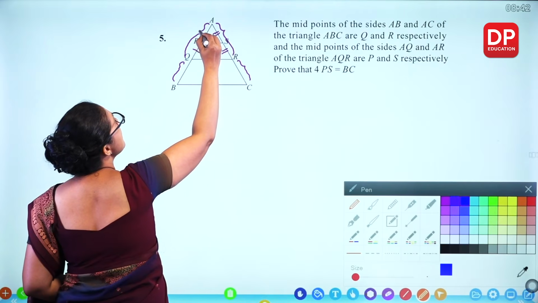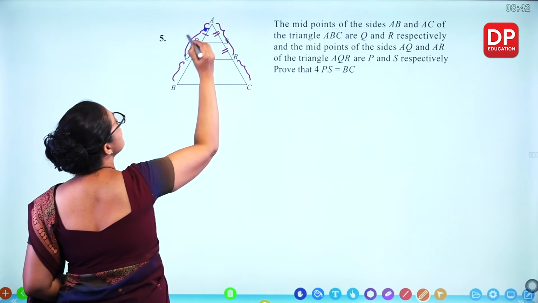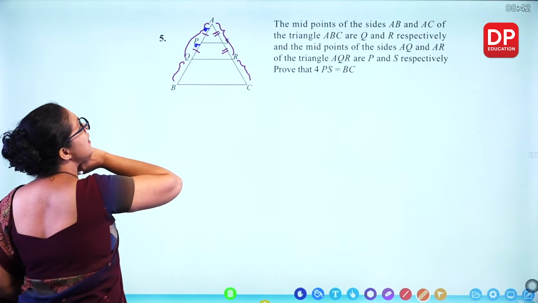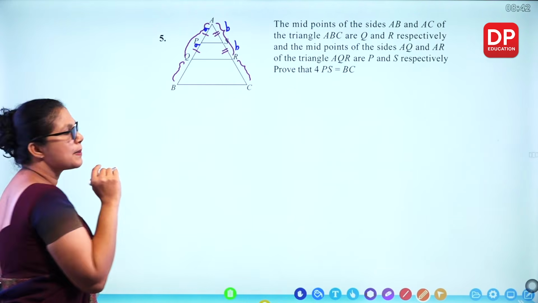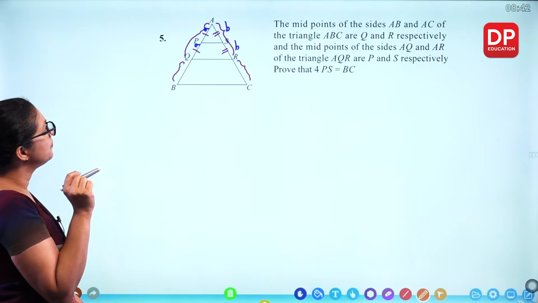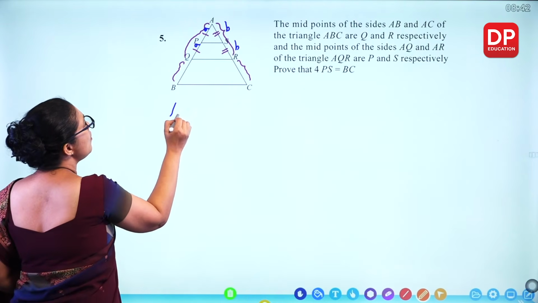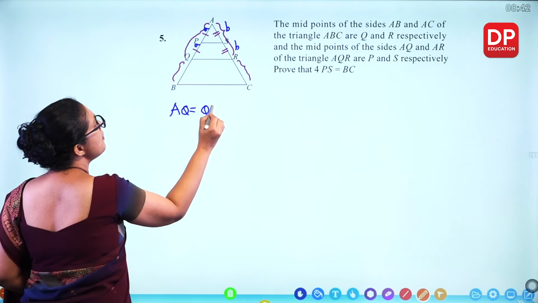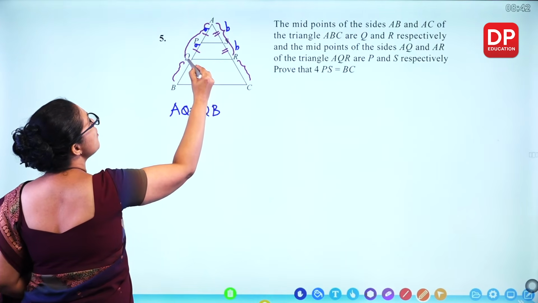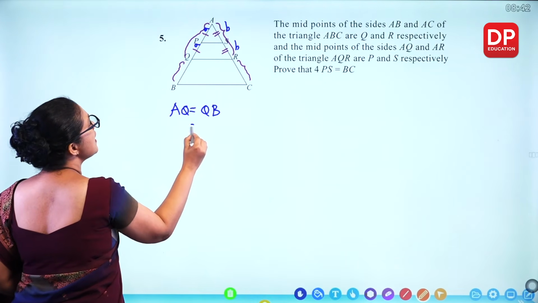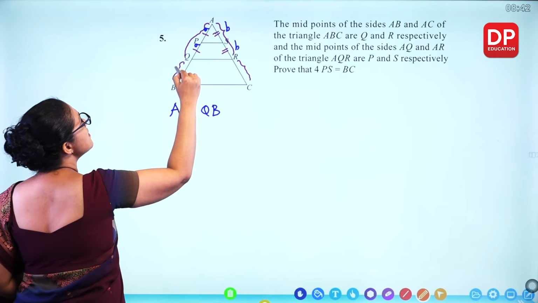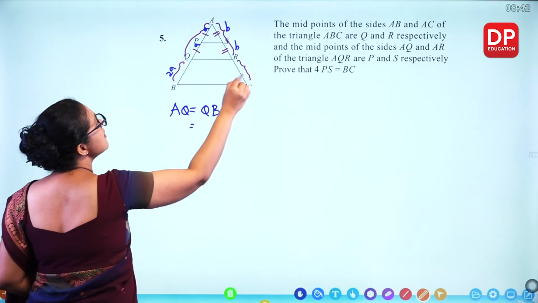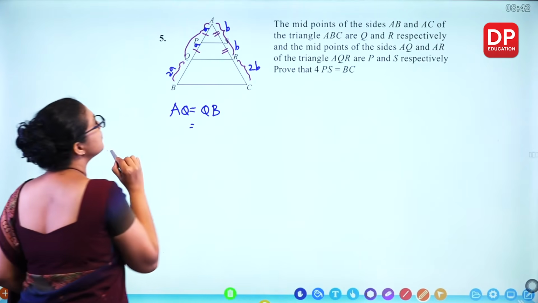So we'll put a length A for that. If this is A, this is also A. If this is B, this is B. But we know AQ is equal to QB. AQ, QB. So what is QB? QB becomes A and A. This is 2A and this is 2B.